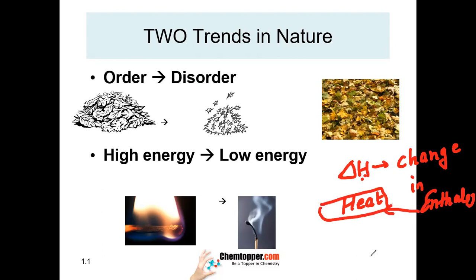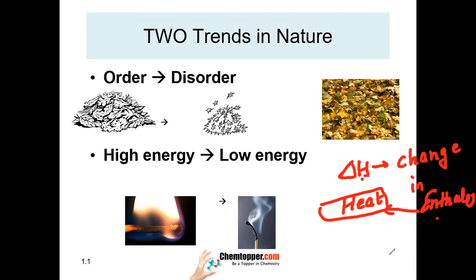That's why the symbol is H. We did this in detail: how to calculate delta H experimentally by using cup calorimeter, bomb calorimeter, and theoretically by using formation enthalpies, bond enthalpies, bond energies. We did plenty of questions, Born-Haber cycle, Hess's law.